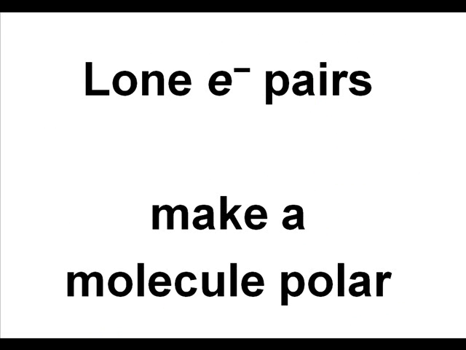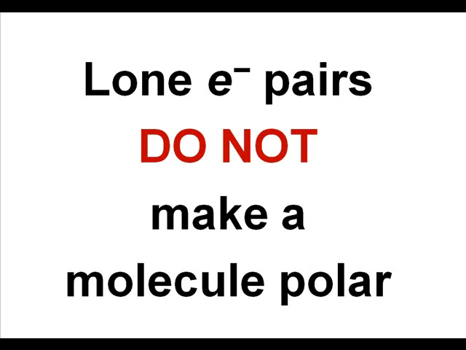Now, what about this idea of lone pairs? Lone pairs are electrons that are not involved in any kind of bonding. But because they're not involved in bonding, they don't create a polarity to themselves.